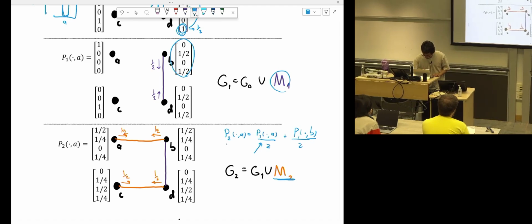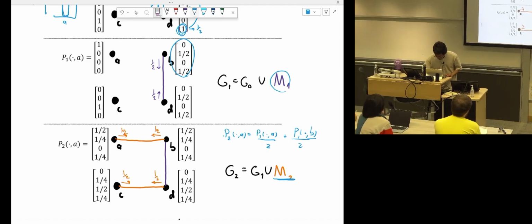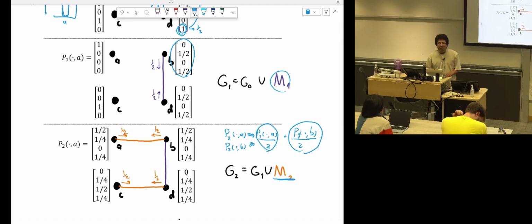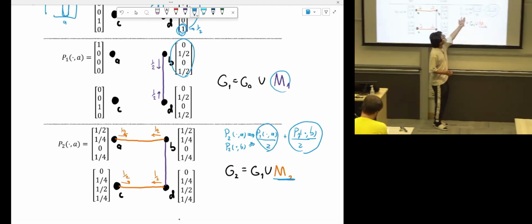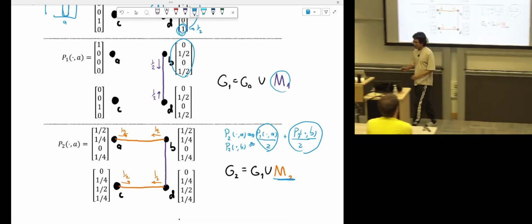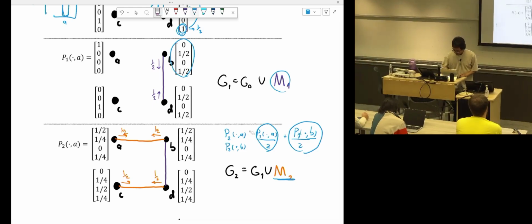And the same for B. P2 of B is exactly the same thing, because half of the mass at round 1 will stay at B, and half the mass from A will come to B. So just from looking at this, you can see that they are the same.